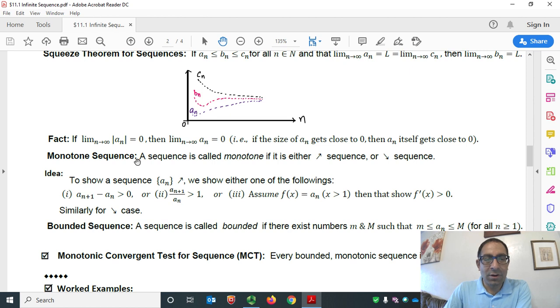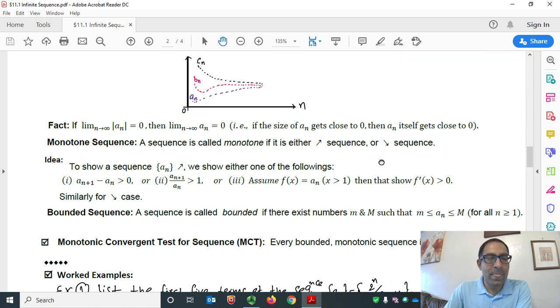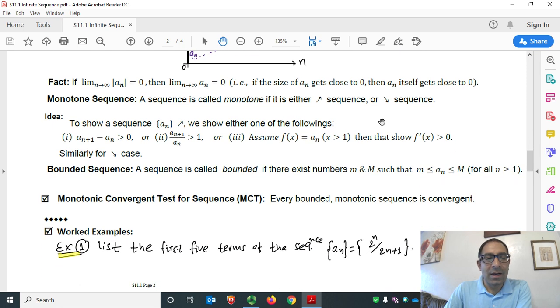Monotone sequence. A sequence is called monotone if it is either an increasing sequence or a decreasing sequence. Quick idea: to show a sequence is increasing, we show either one of the following. To show increasing, the (n+1)th term minus the nth term is strictly positive, or we show the ratio of the (n+1)th term over the nth term is greater than 1, which is basically the same thing.